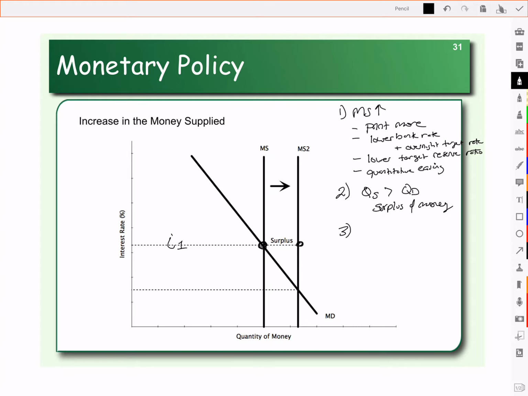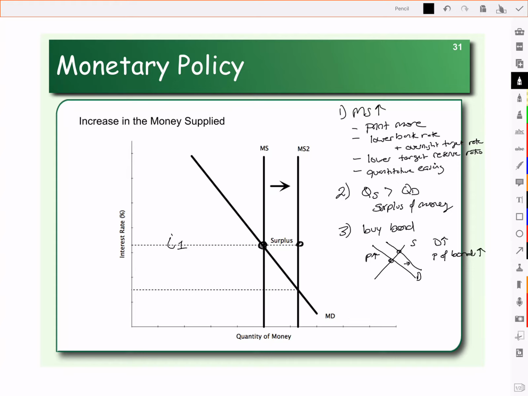Well, if we look at the bond market, for example, we would buy bonds. So here's demand for bonds, here's supply of bonds. If we're taking our cash and we're going to buy bonds, the demand for bonds goes up, so demand increases. The price of bonds then does what? It goes up.